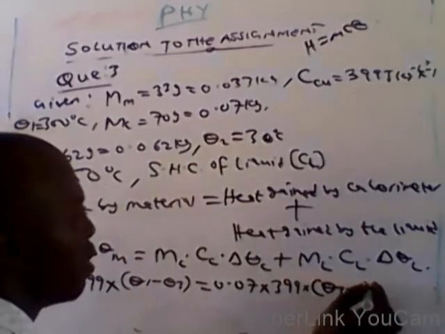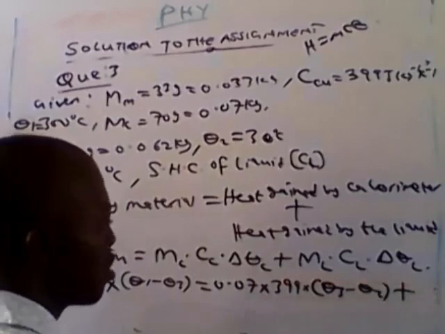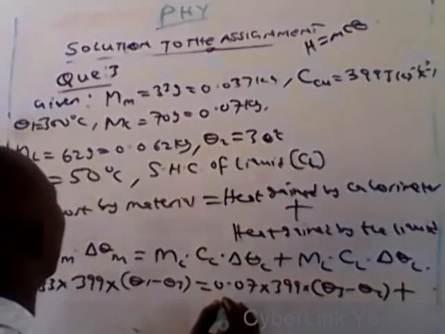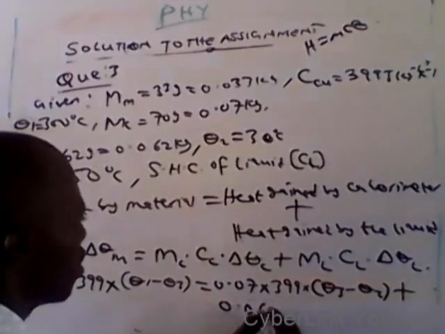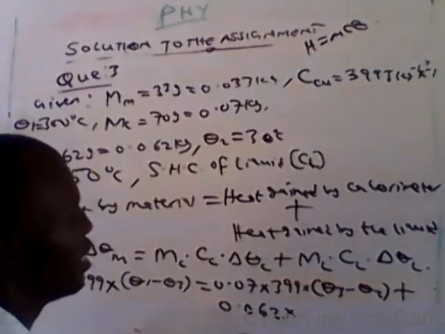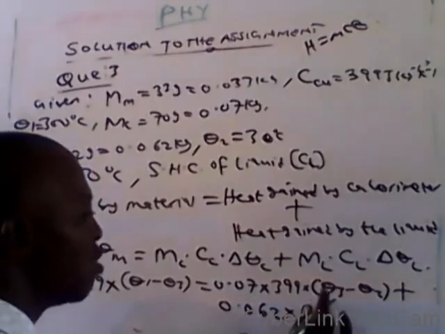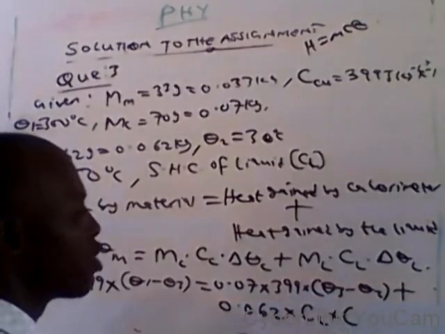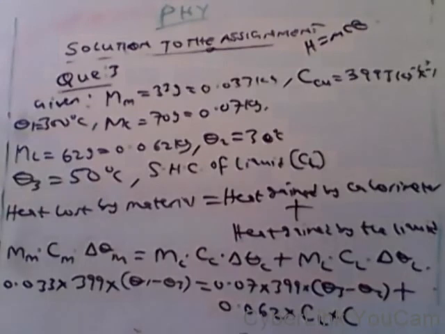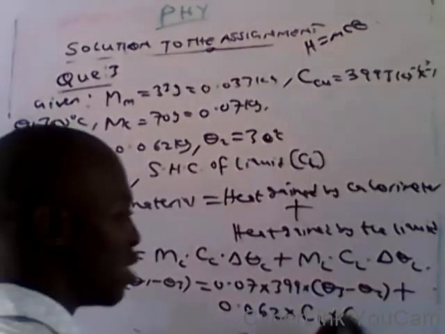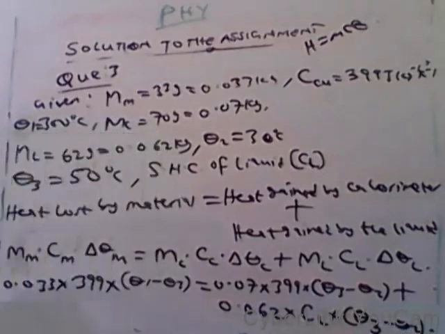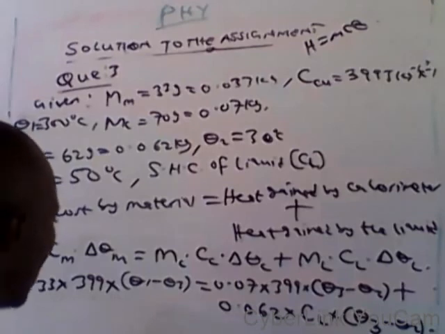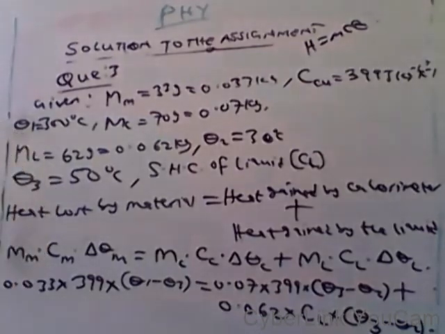That is theta 3 minus theta 2, plus mass of the liquid, which is 0.062, multiplied by the specific capacity of the liquid that we are looking for, multiplied by change in temperature of the liquid. But don't forget the change in temperature of the liquid will also be the change in temperature of the calorimeter, equal to theta 3 minus theta 2. Now, we can substitute all these parameters and find the final answer.